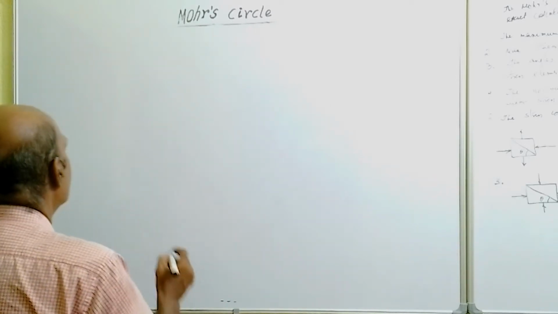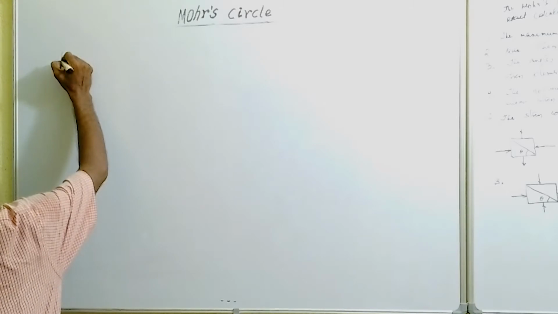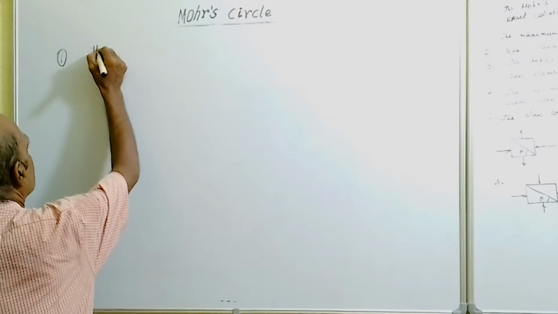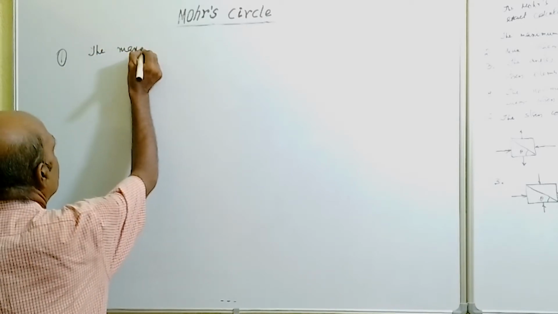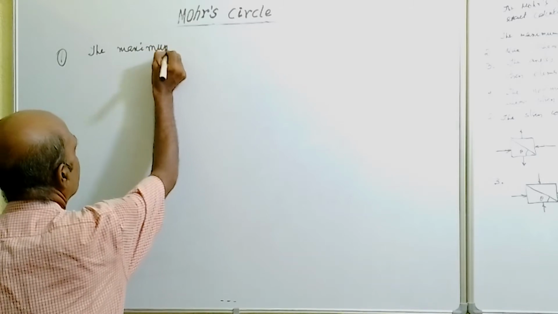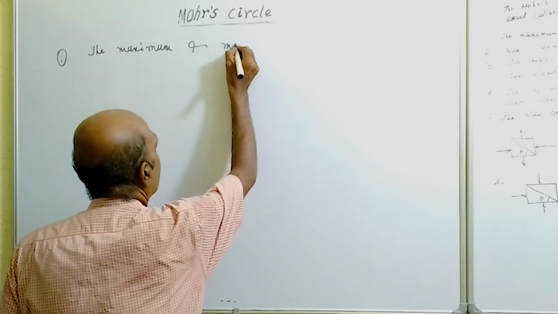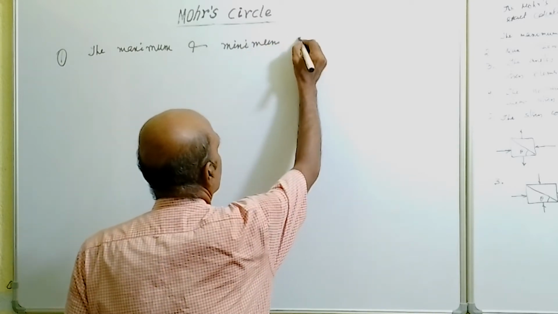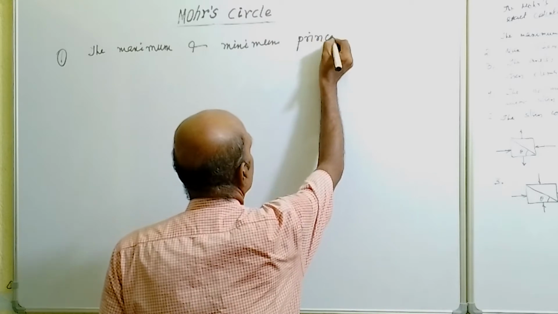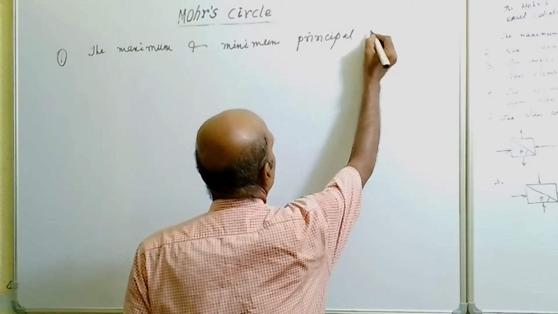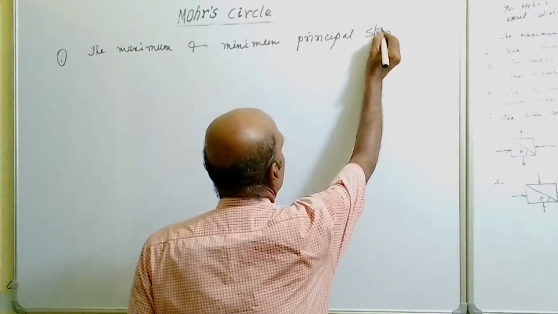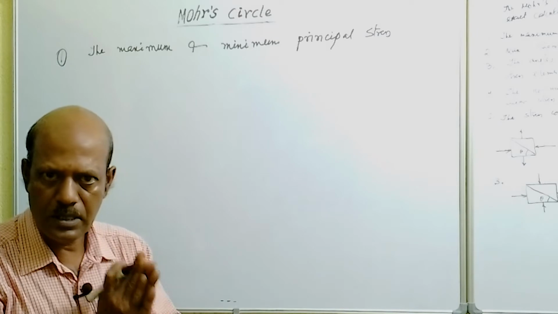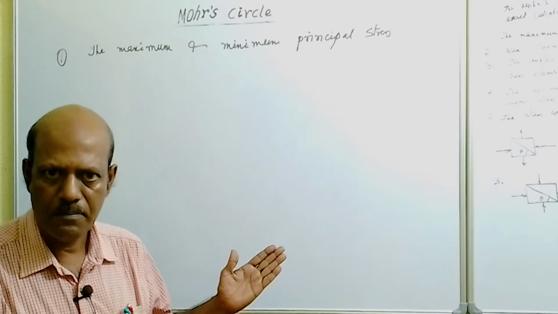Now the first point we can find is the maximum and minimum principal stress, which is developed because of the complex stress system.